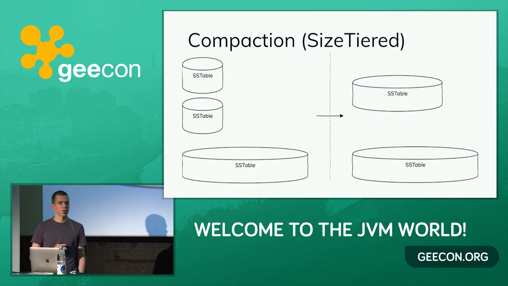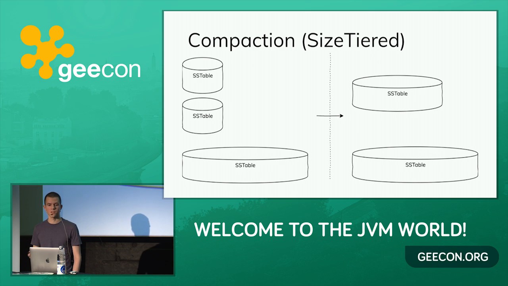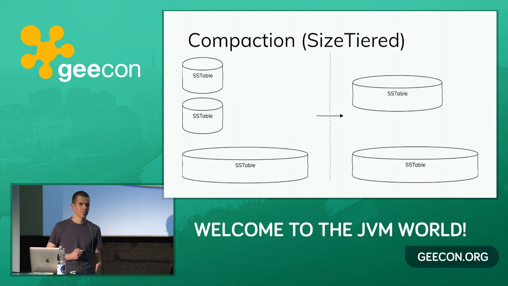But the important part is that those tables are immutable. So Cassandra will first read those old ones, write a new one, and then when it is finished, it can delete those old ones.